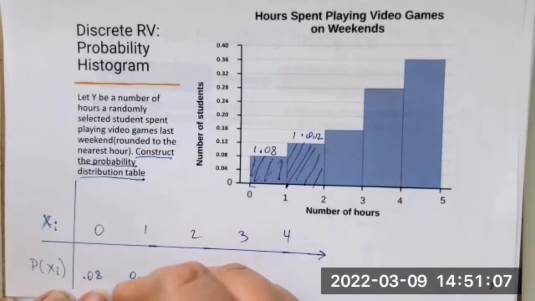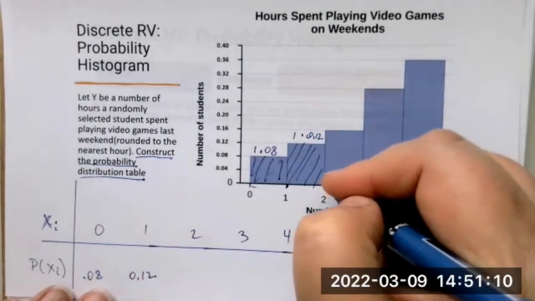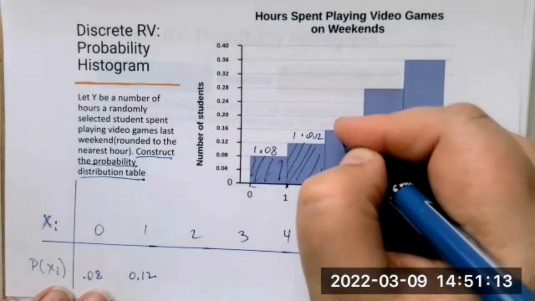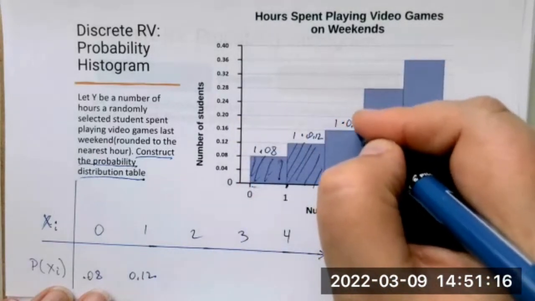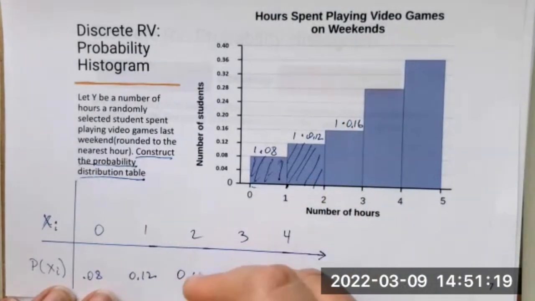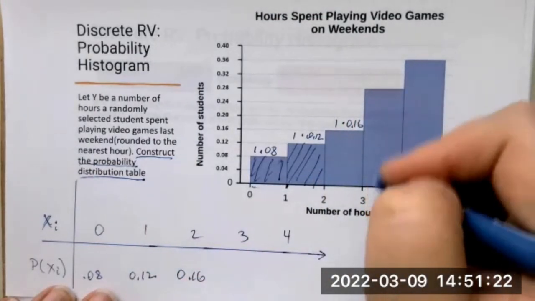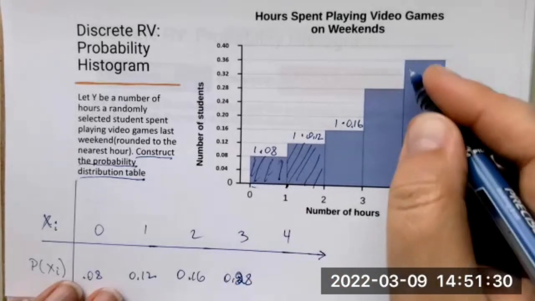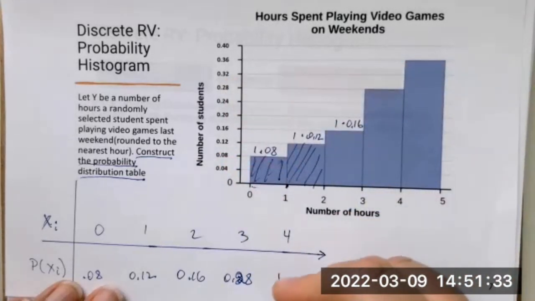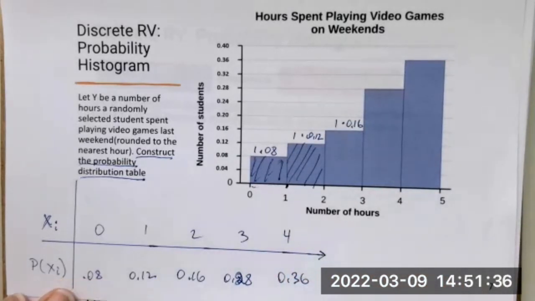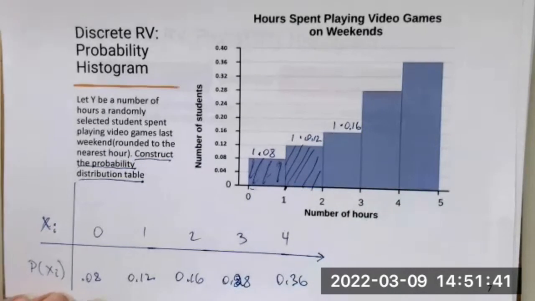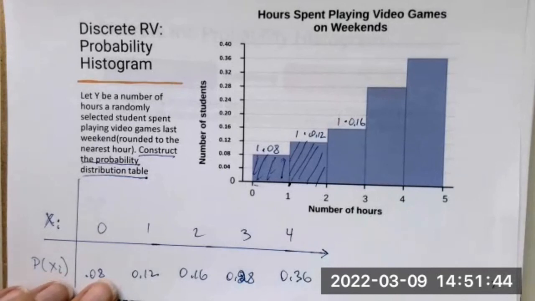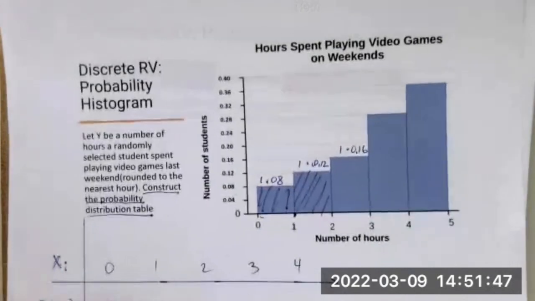So that probability is 0.12. For 2 hours, again, it's 1 times 0.16. So the probability is 0.16. For the next one, for 3 hours, it's going to be 0.28. And for 4 hours, it's going to be 0.36. Okay, and I believe that if we add all of these together, we're going to get a total probability equal to 1.